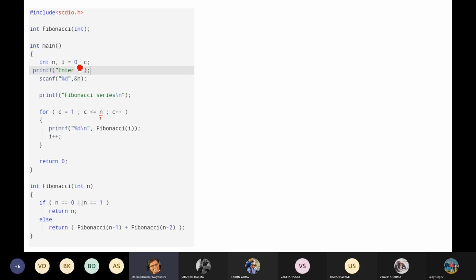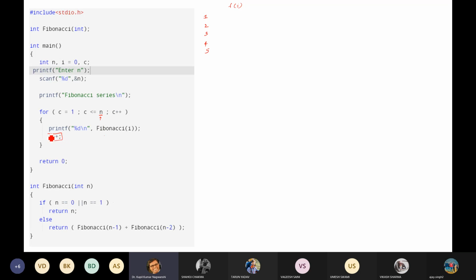Here Fibonacci is given integer n, enter the value of n, printf Fibonacci series, we are printing the series. So this loop will work from c equals 1 to 5, suppose 5. 1, 2, 3, 4 and 5. Now what will it print? Fibonacci i. What is the value of i?